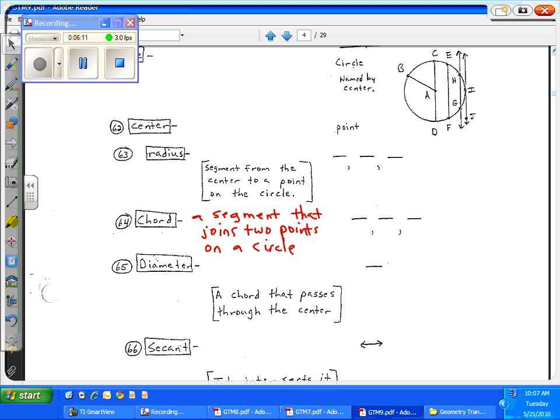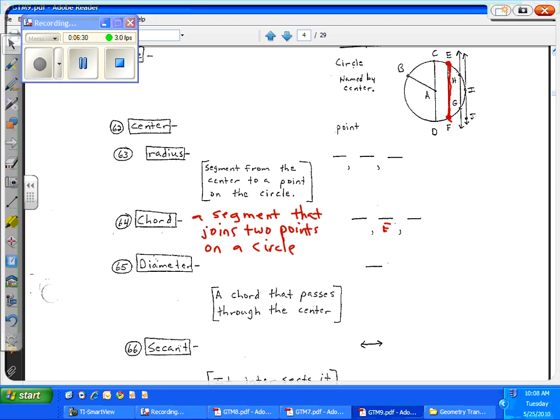I think of it like a trot line chord. I'm just an old fisherman. So if we took 2 points on a circle like point E and point F, and we join those, stretched a line across there, that's a chord. A chord is a segment that joins 2 points on a circle.